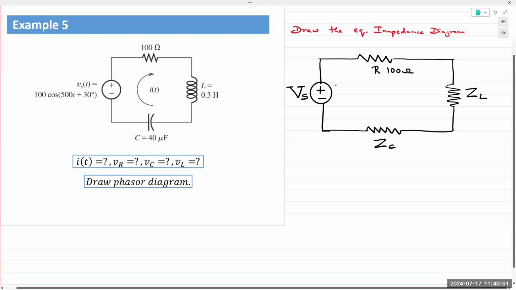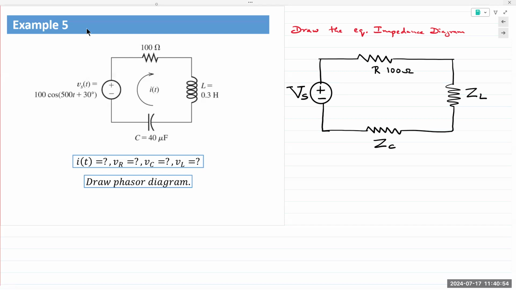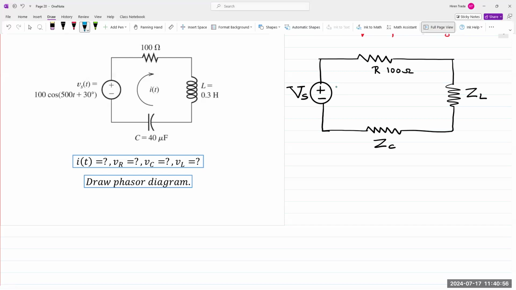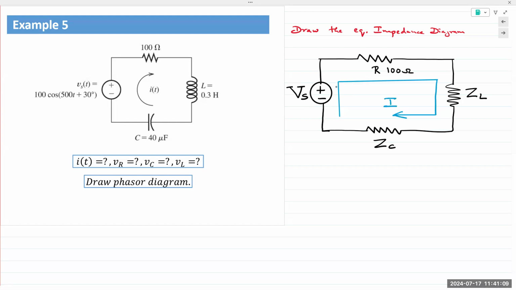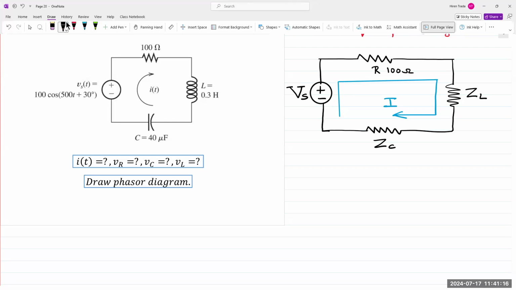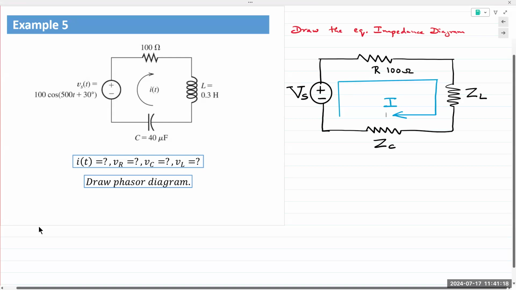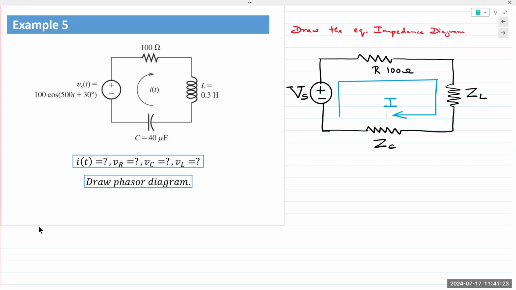Phasor of Vs. Current I is also replaced with its phasor. And the phasor for current I is simply Is, or just I. The series circuit has the same current I flowing through all components. Okay, so first step, draw the equivalent impedance diagram.